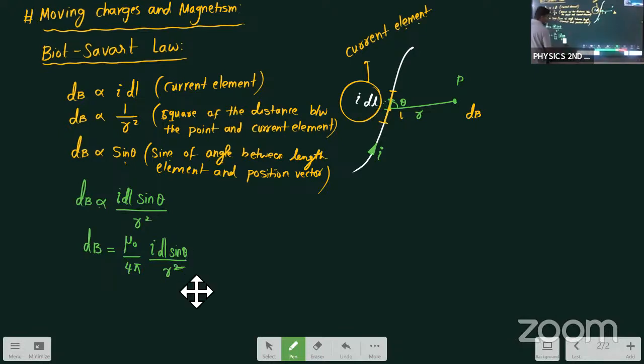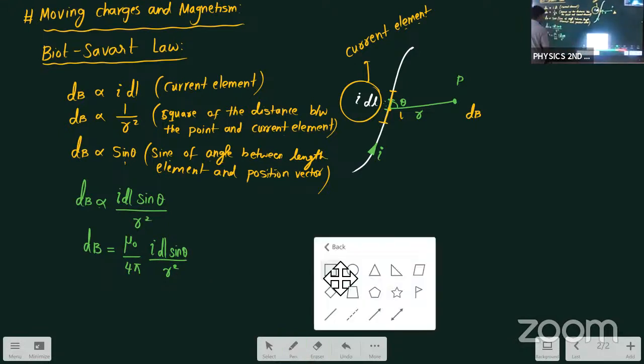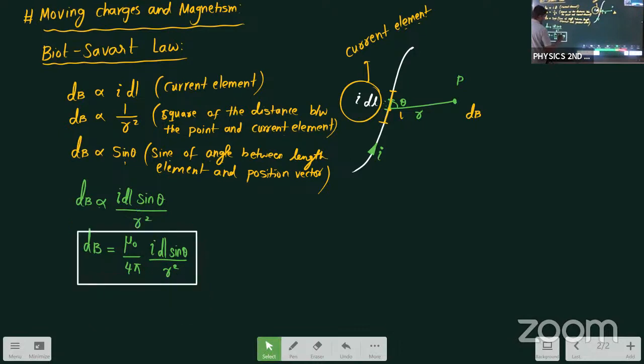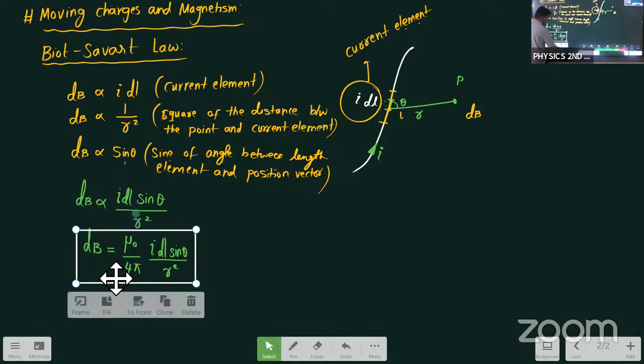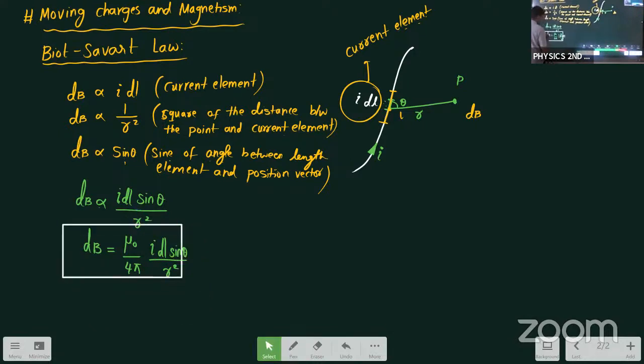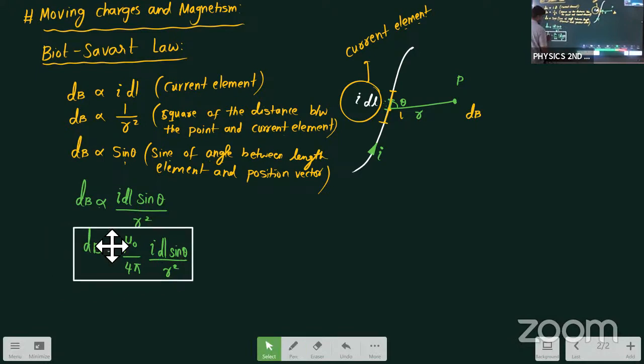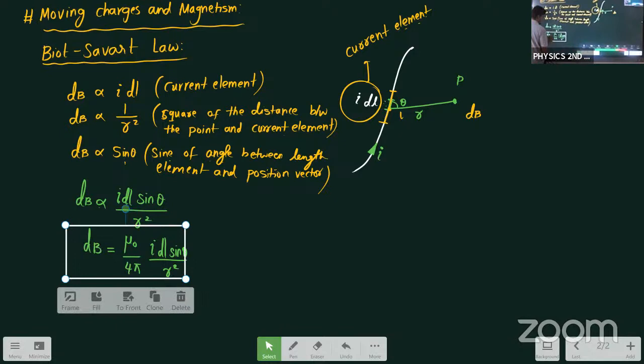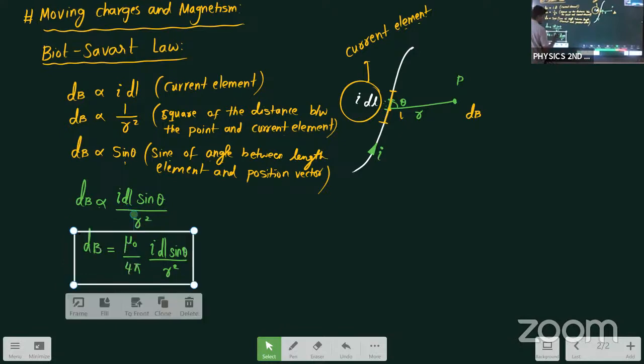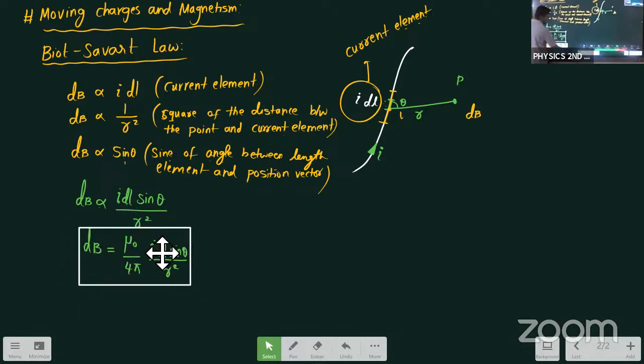So this is the final expression for Biot-Savart law. Please do remember this expression. Based on this expression, we'll be doing one application.